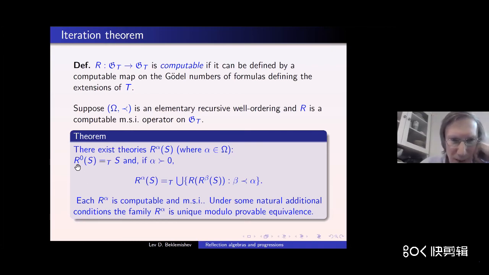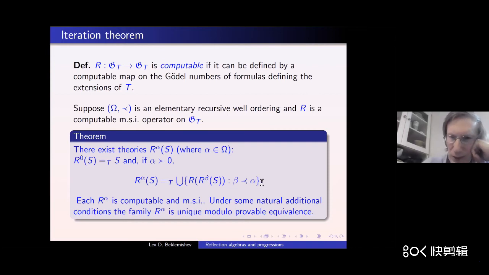So R0 of S is S, and R alpha of S is the union of operator R applied to all the theories R beta for beta smaller than alpha. That's exactly how I would define iterations of theories in a Turing progression, as well as here. So it works, as you see, in a rather general setup.